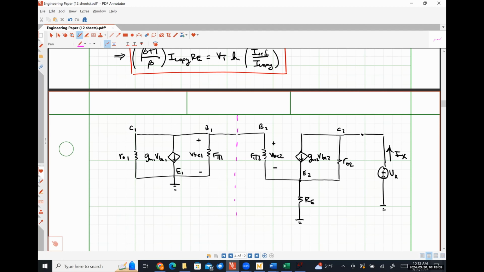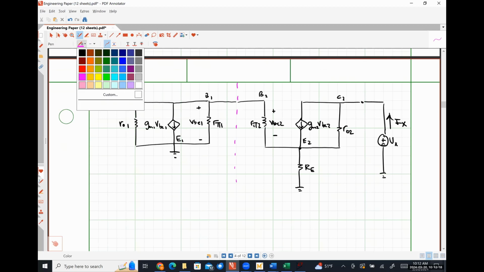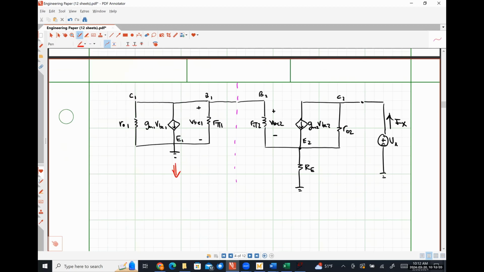So R naught 1 in parallel with R pi 1 in parallel with 1 over GM1. Which should be approximately just 1 over GM1 because those resistors will typically be larger.